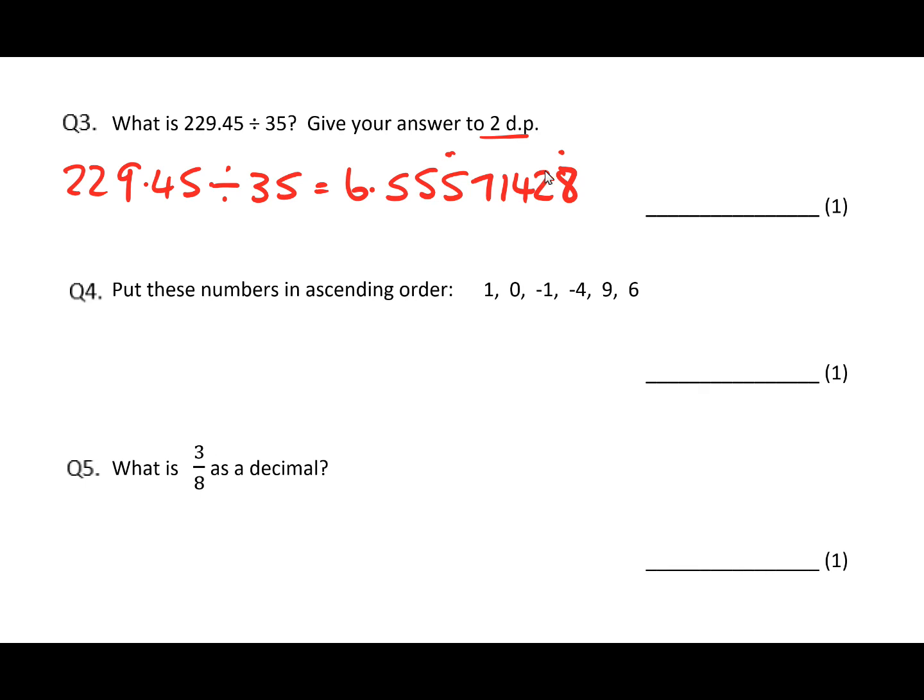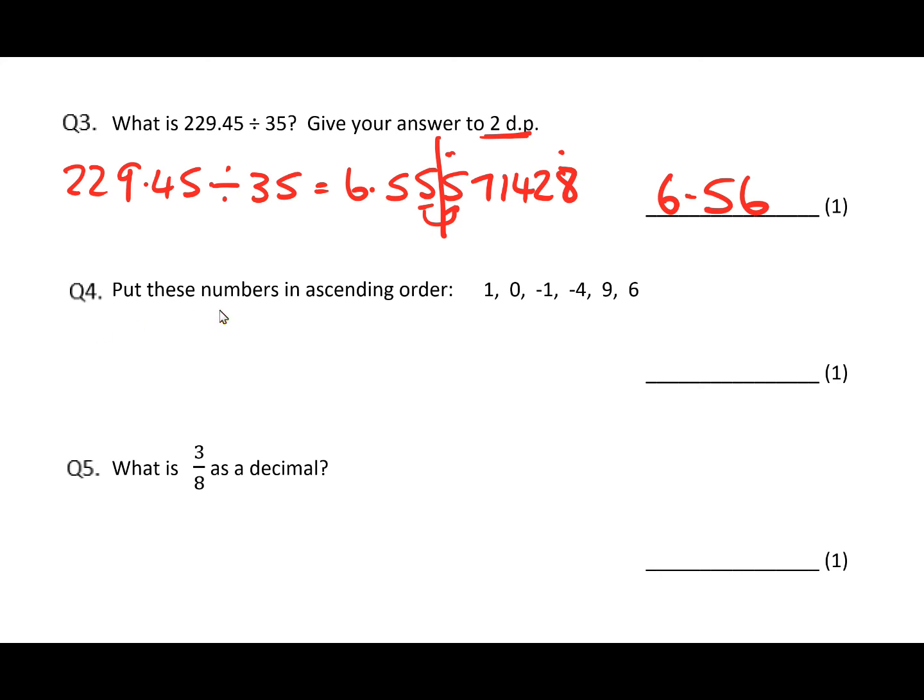And now I've written exactly what's on my calculator. We can do our rounding to 2 decimal places. So chop it off there and make your decision on this number on whether to stick or go up to the next number. Because the next number along is a 5, I'm going to round it up. So I get 6.56, and that's worth 1 mark.